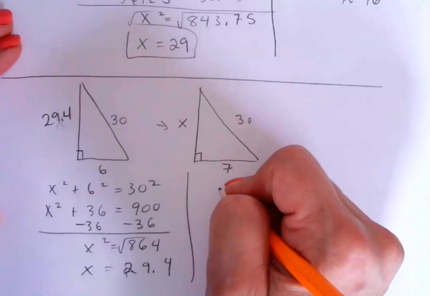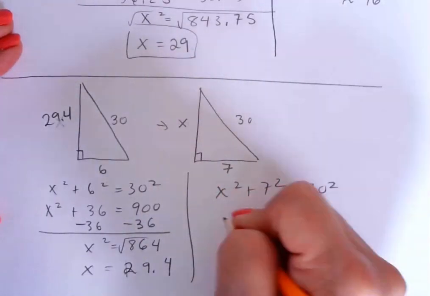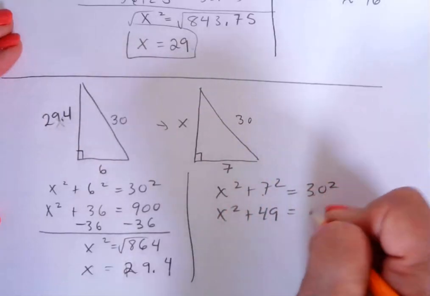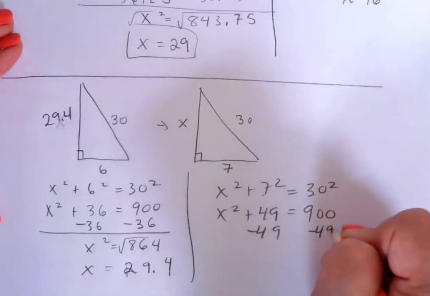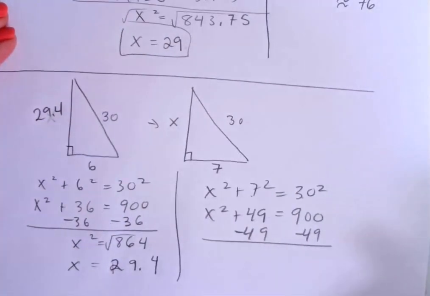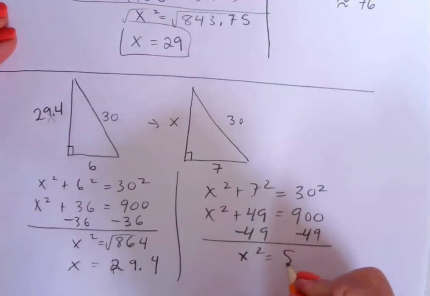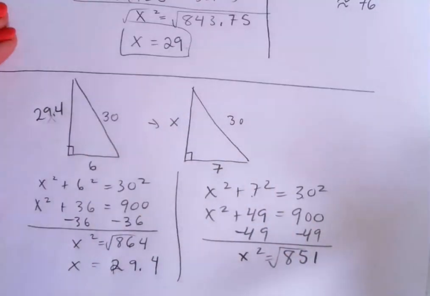All right, so we're going to have x squared plus 7 squared equals 30 squared. 7 squared is 49. This is 900. Go ahead and subtract. You get 851, and now let's take the square root of that.